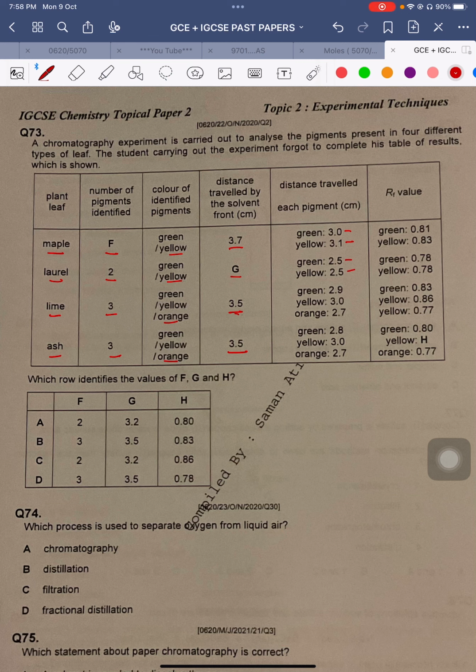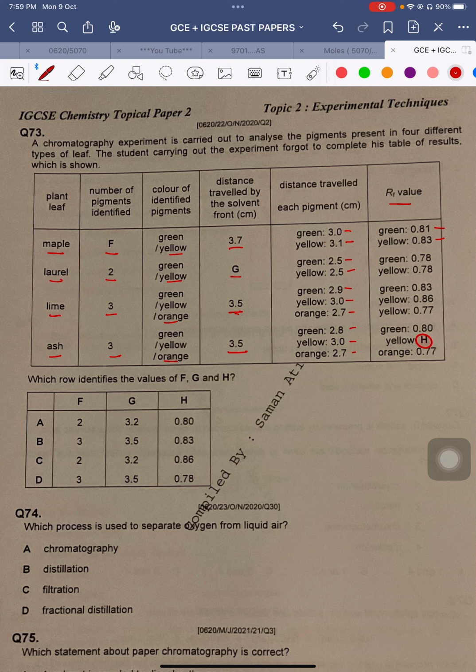The pigment which has traveled a greater distance is more soluble. RF value is 0.81, 0.83. Greater the RF value, higher the solubility. And this is yellow, this is H.